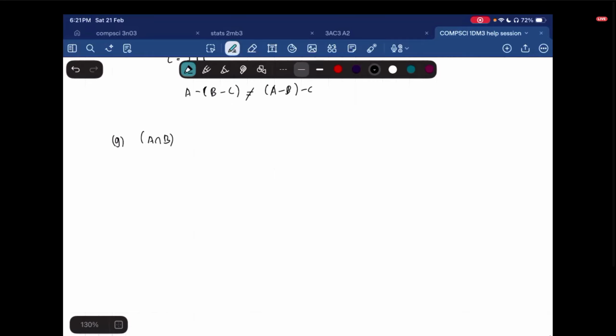Okay. (A intersect B) union (A intersect B complement) is equal to A. We can use the distributivity laws here, which I think are in the back of your practice problems. Let me pull it up so I don't get it wrong.